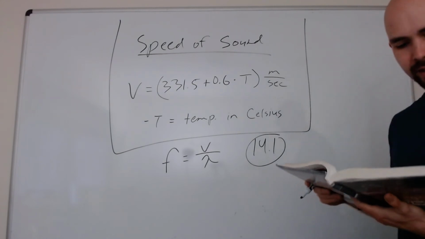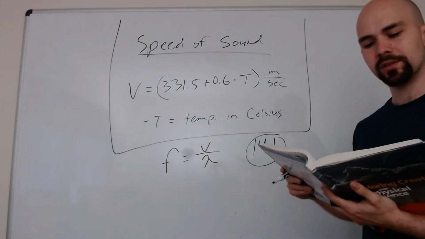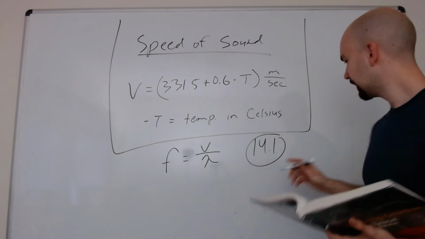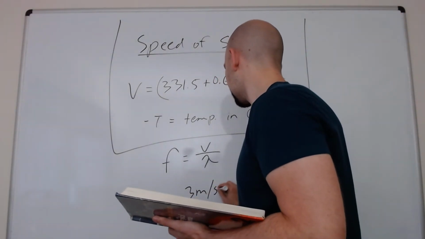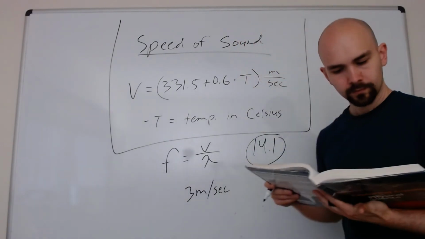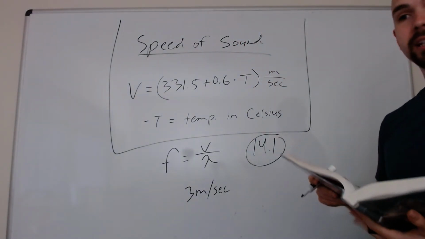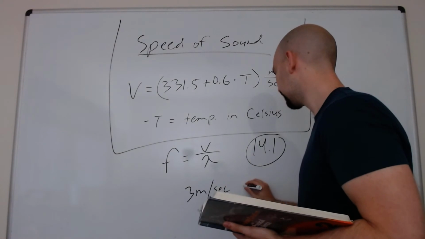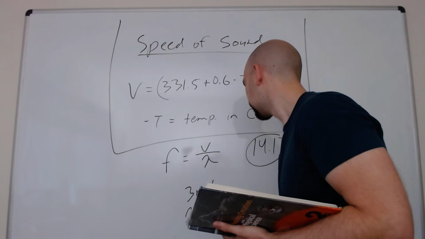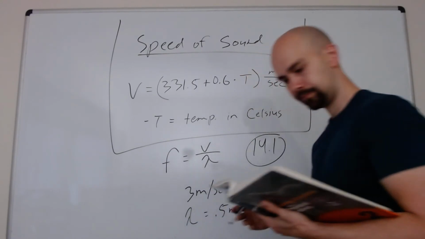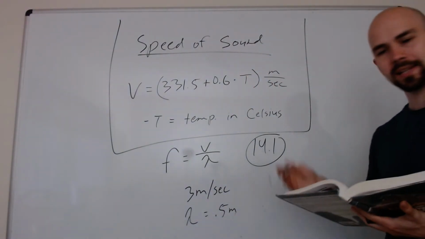14.1 says, what is the frequency of a wave that travels at the speed of 3 meters per second? So I'll write that. 3 meters per second. And has a wavelength of 0.5 meters. Let's set this up.